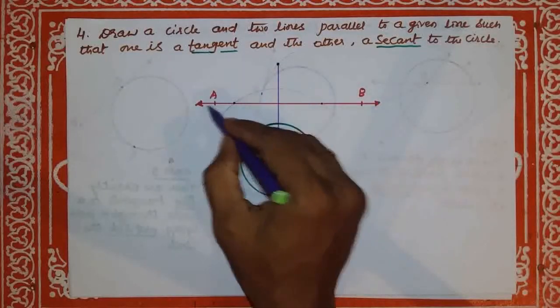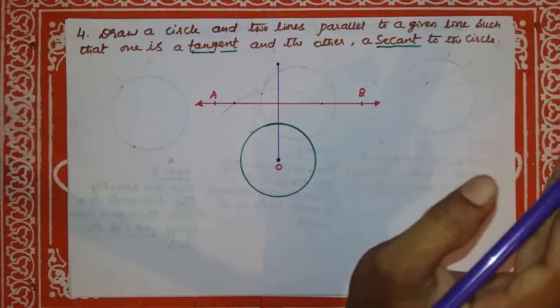This line is perpendicular to AB right now.